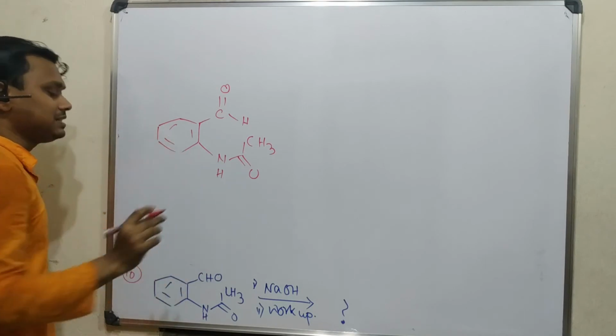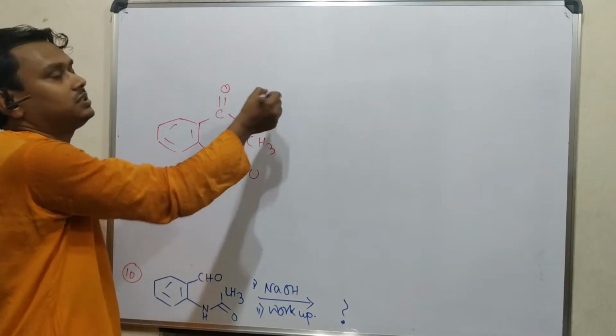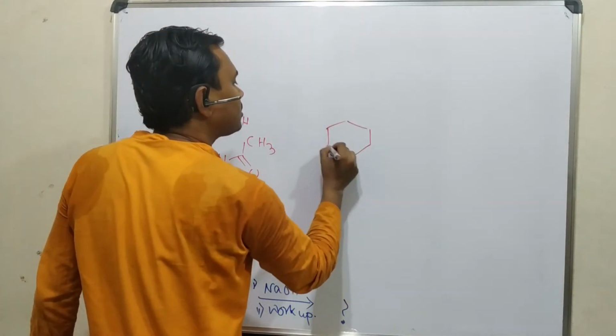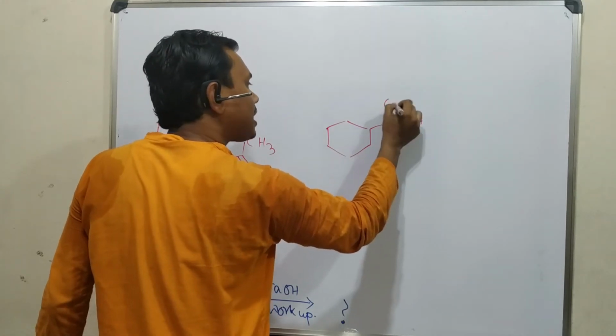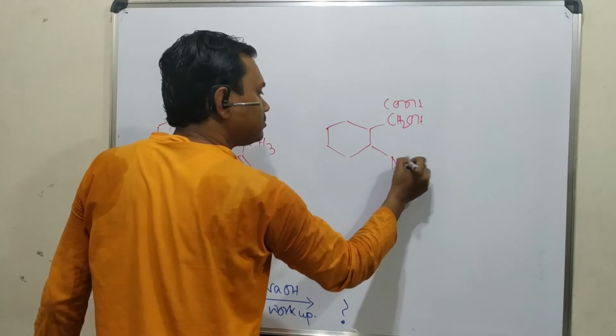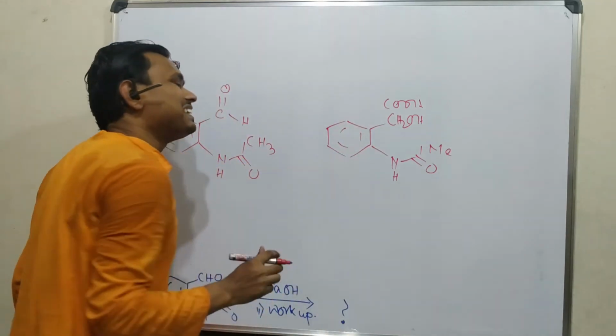This is the twist, because in case of base, we can think that directly this will undergo this to form this alcohol or carboxylic acid, whatever, and this part will remain the same. One thing is possible, another thing is that it will not happen.